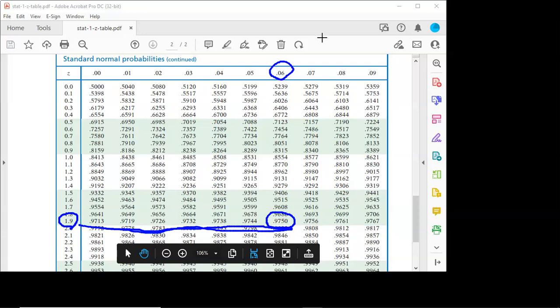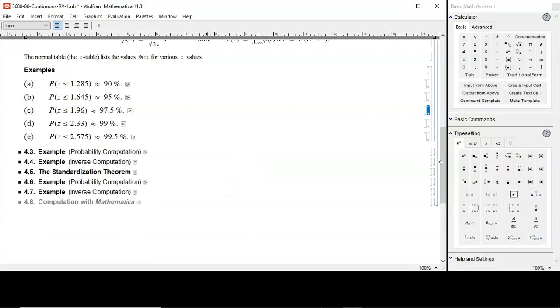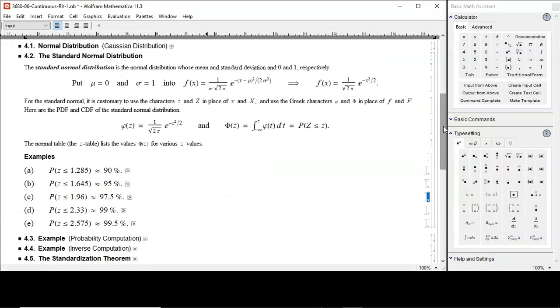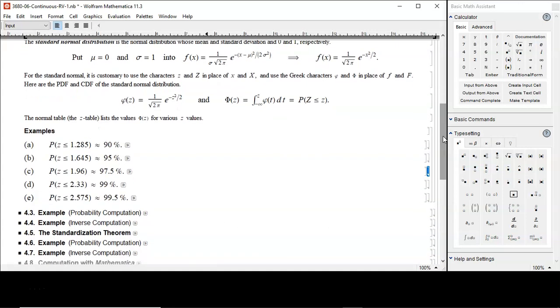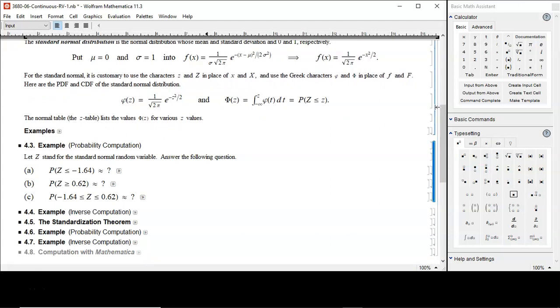Is that what we found previously? Yes, indeed. So for standard normal distribution, we can find out the CDF using the table. More computation.